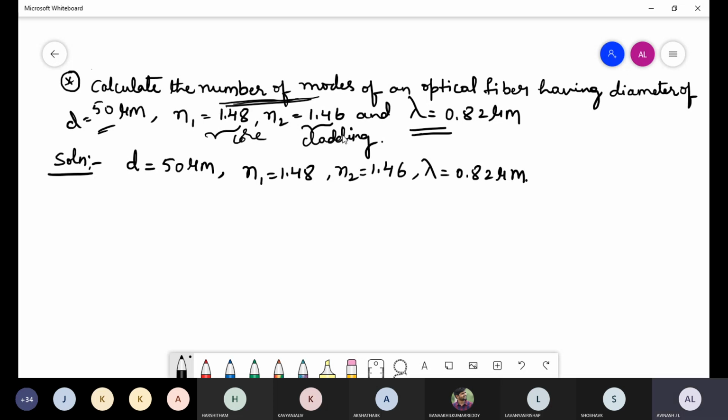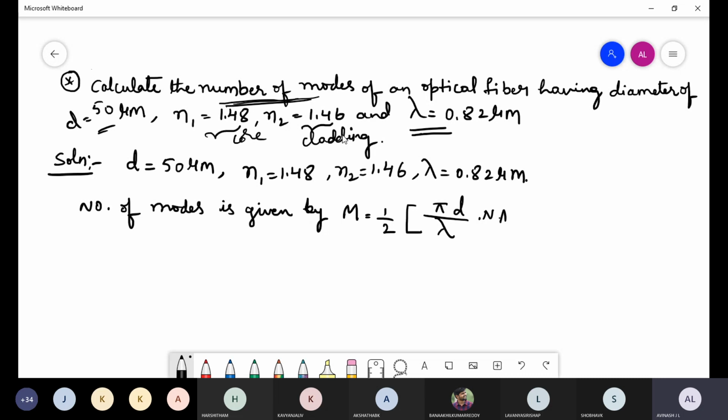Now the number of modes we need to calculate. What is the formula for finding the number of modes? Write down, all of you. The number of modes is given by M equal to 1 by 2 into (pi d divided by lambda into numerical aperture) to the power of 2.